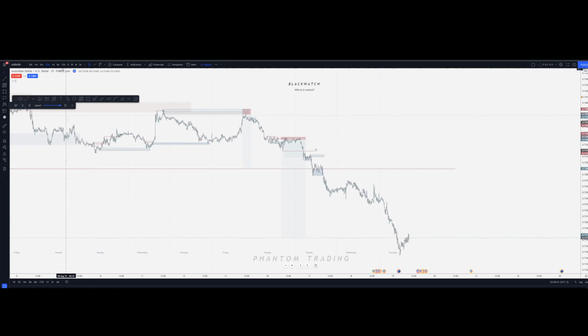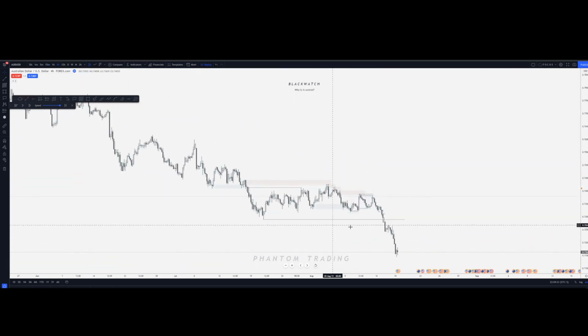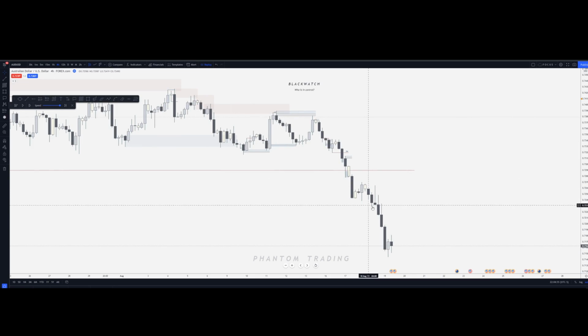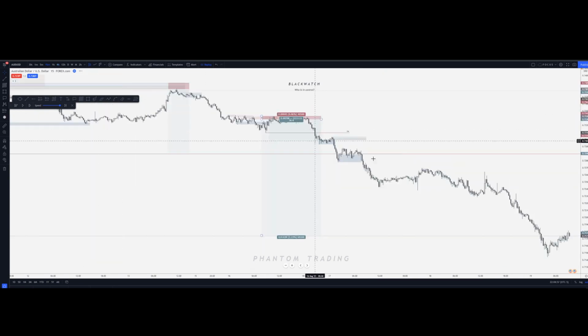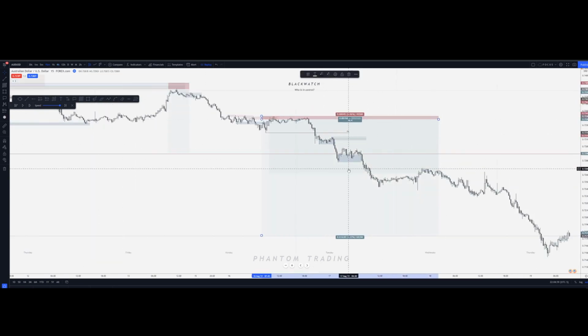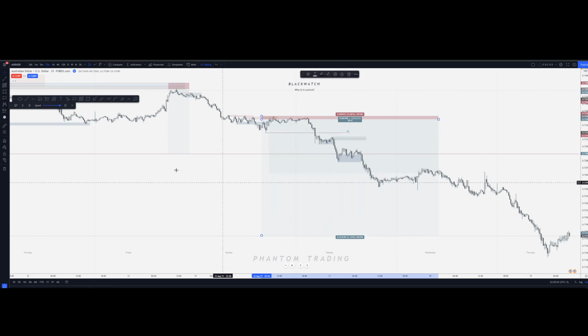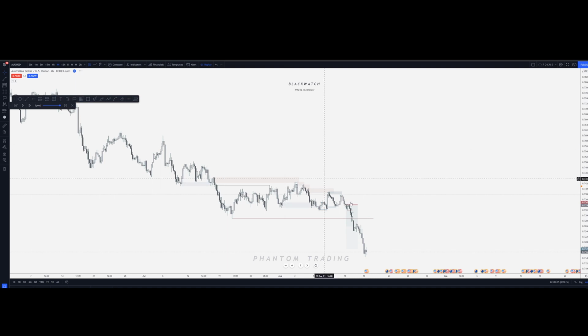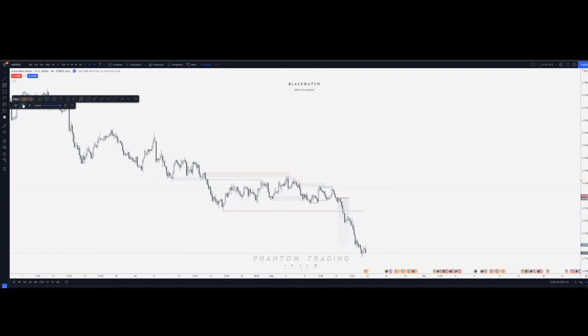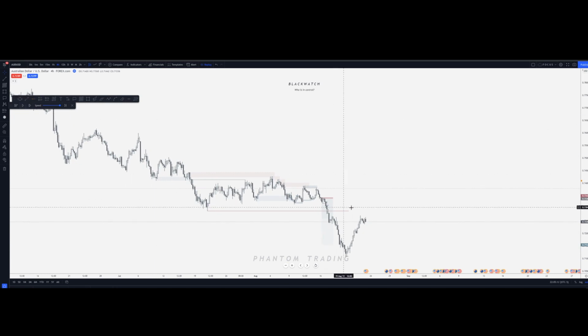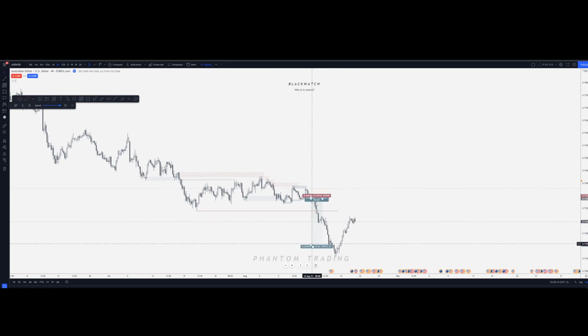Keeps going. Where is that trade? Yep. And COVID, and then it resets. Whatever.